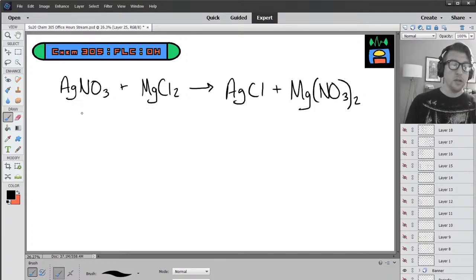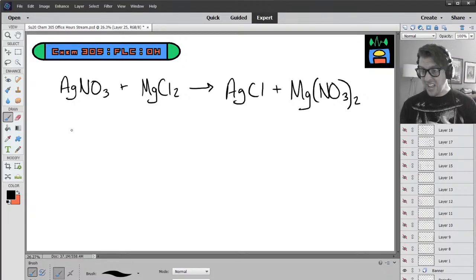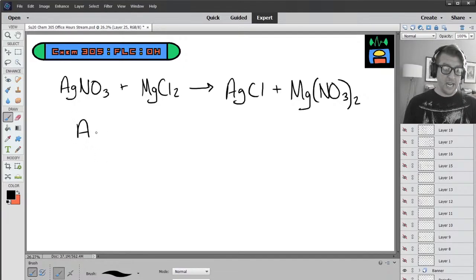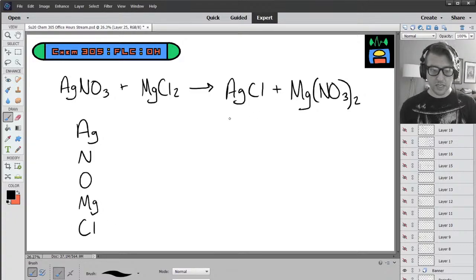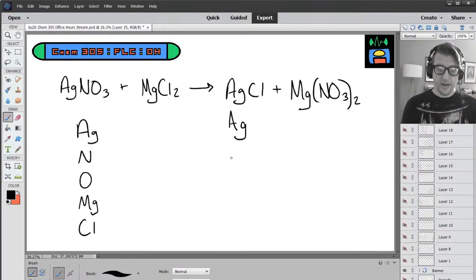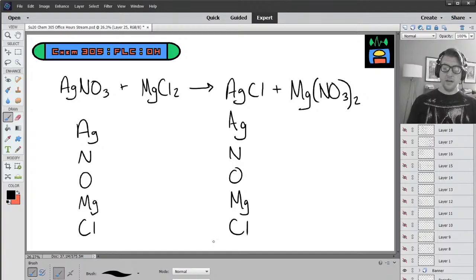All right, now at the beginning of any balancing problem, I always write an inventory of the atoms on both sides of the reaction. Some people are really good at this. They can do it in their heads. I'm not. I've never been one of those people. So I always write out every element. And then I compare.